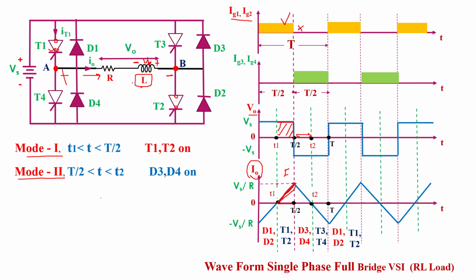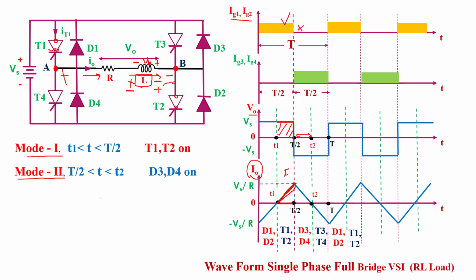In mode 1, the inductor polarity is that this terminal is positive and this terminal is negative, and current flows in this direction. This time the inductor releases energy and changes its polarity. So this terminal is negative this time, this terminal becomes positive, and the inductor releases energy.